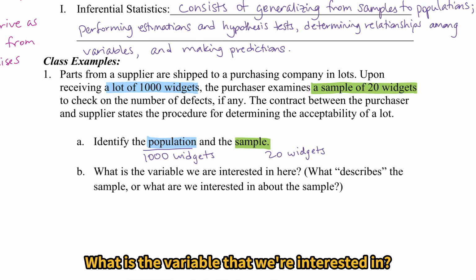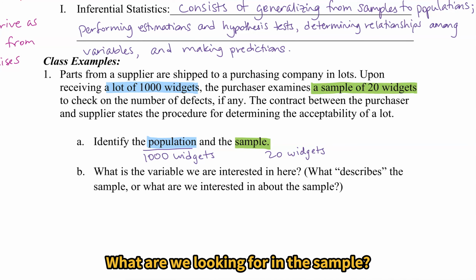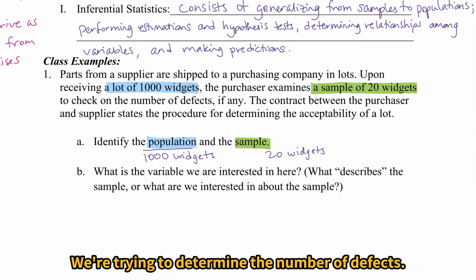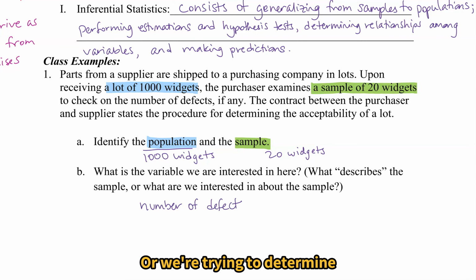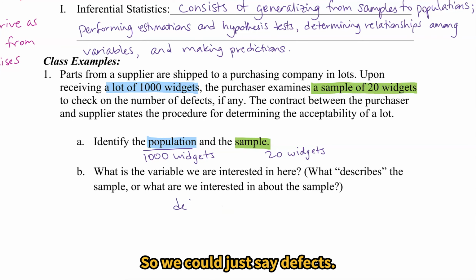What is the variable that we're interested in? What makes the sample special? What are we looking for in the sample? What is it that we're trying to determine? We're trying to determine the number of defects. Or we're trying to determine if there are defects in the widgets at all. So we could just say defects.